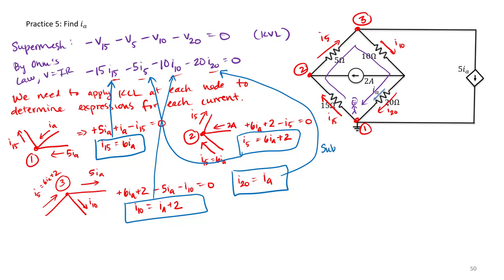So I can substitute each current into the supermesh. And then once I substitute, I can solve for I sub A. If I do that, we will get the following.